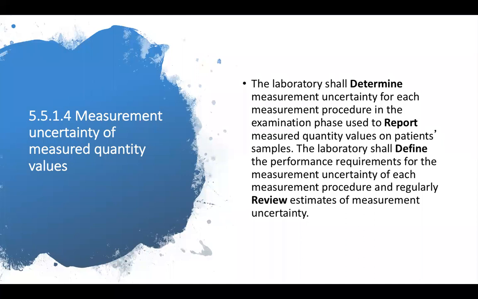If we apply that knowledge, suppose for a neonatal bilirubin high-level control, SD is 0.2. If we multiply that by 2 standard deviations, which means 95.5%, we will get 0.4. Right? So this is measurement uncertainty.